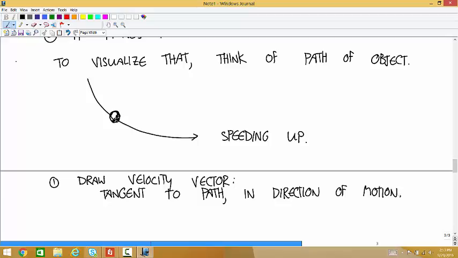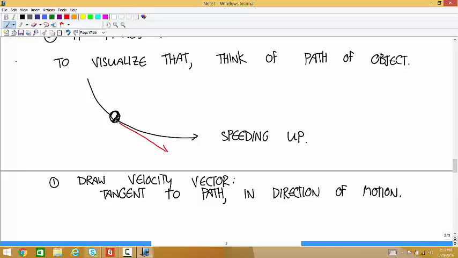So for this example, a tangent to this path is like this, and the direction of motion means this way. The object's going this way, this is a tangent, and this is a tangent. So you have to choose, is the direction of motion this way or that way, and it's this one. Anyone have any questions about that, finding the velocity vector? Okay, so this is the velocity vector.